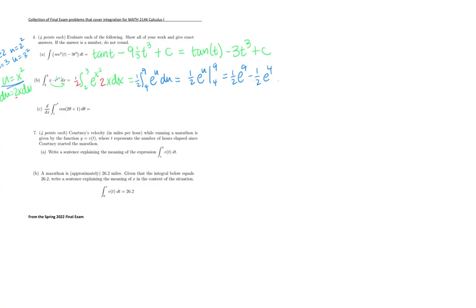For the next one, I can see that I have the fundamental theorem of calculus part 2, because it's the derivative of an integral, but my bound is a function of x. So the chain rule will be combined here. Using the fundamental theorem part 2, I'm going to replace the theta with that function of x.